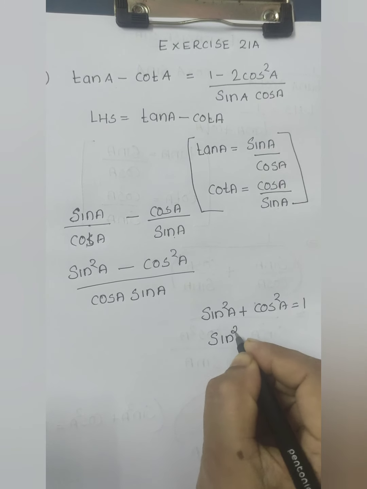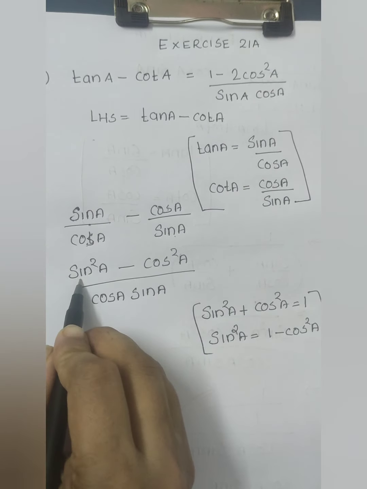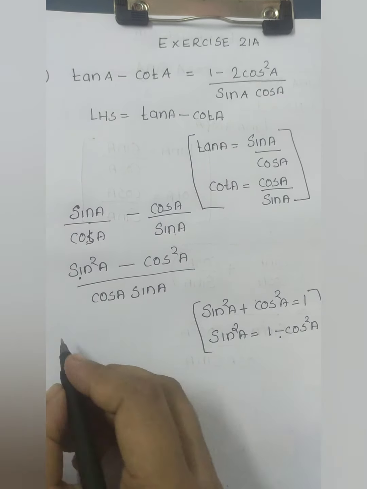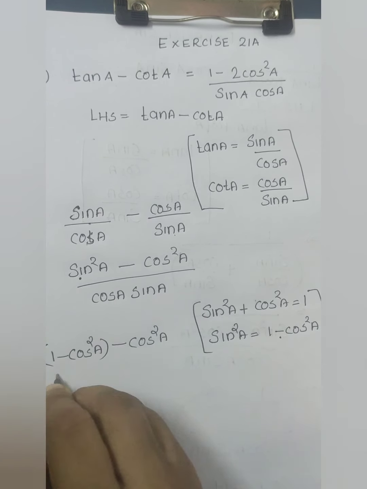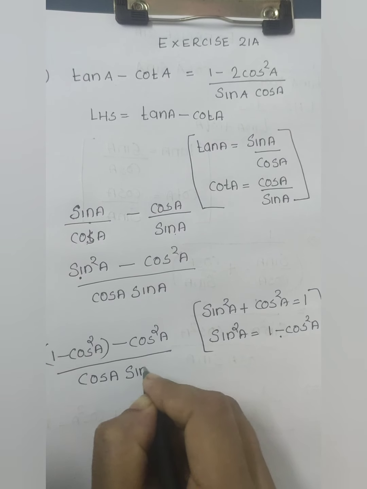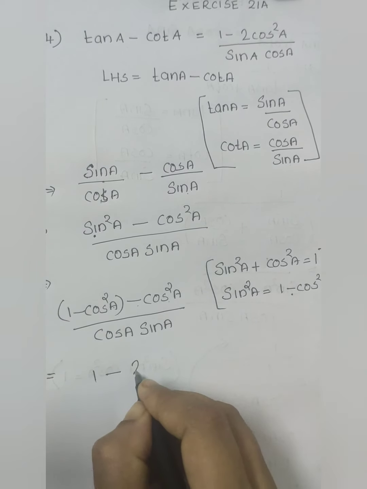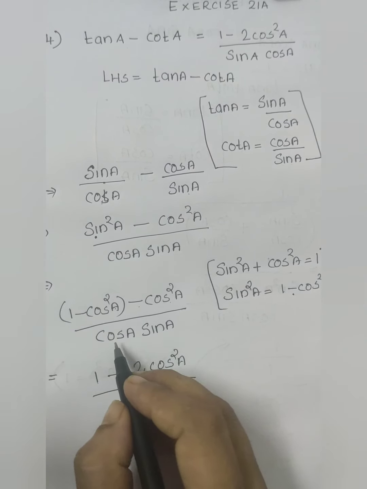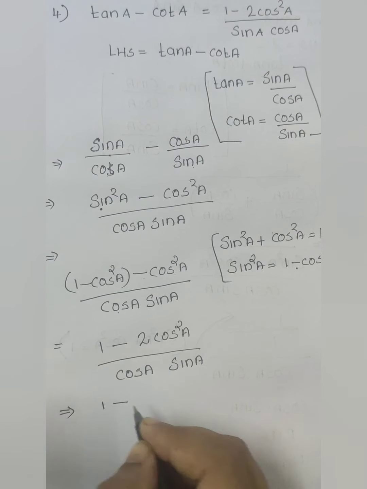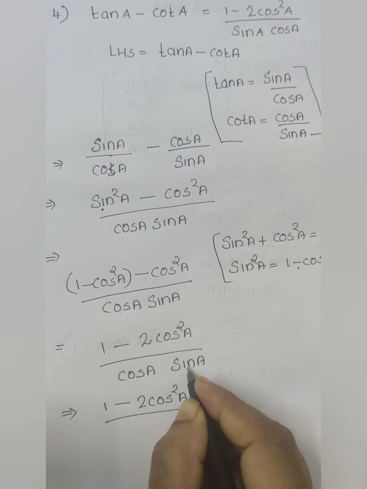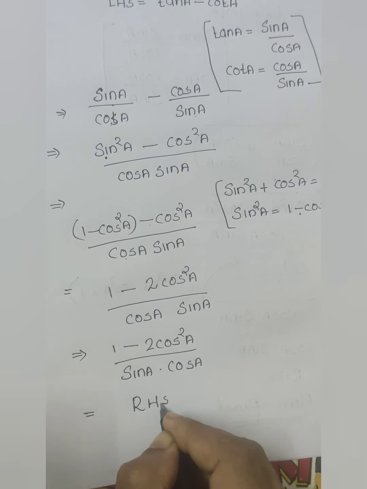So we will get sin square A equal to 1 minus cos square A. Now instead of this sin square A, we have to substitute 1 minus cos square A. So our equation will become (1 minus cos square A minus cos square A) divided by cos A into sin A. Now 1 minus cos square A minus cos square A, so we will get 1 minus 2 cos square A divided by cos A into sin A, which is equal to the RHS. Hence proved.